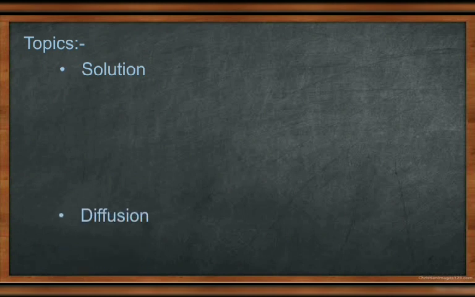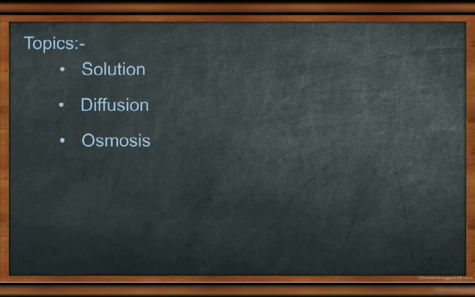So next one is diffusion. There are so many times that I will use that word, diffusion. So what is the definition of diffusion? Here we will discuss that. Next one is osmosis also.